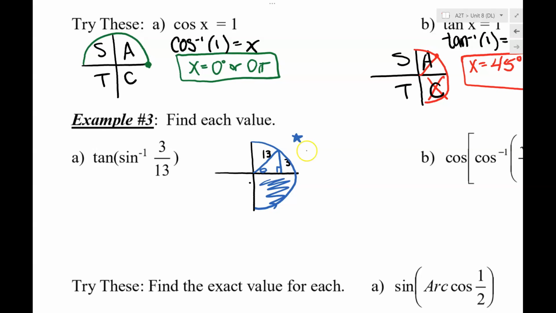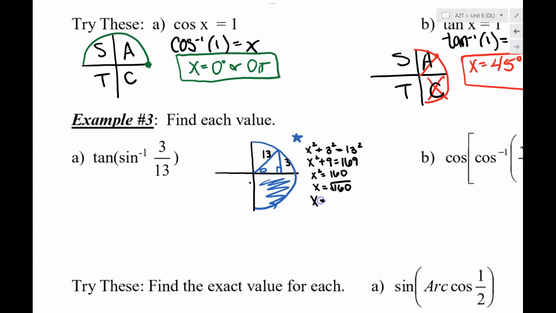Use Pythagorean theorem. So x squared plus 3 squared is equal to 13 squared. X squared plus 9 is equal to 169. X squared is equal to 160. So x is the square root of 160. We don't do plus and minus because it is distance. So we don't want to deal with the negative. We can't travel negative distance.